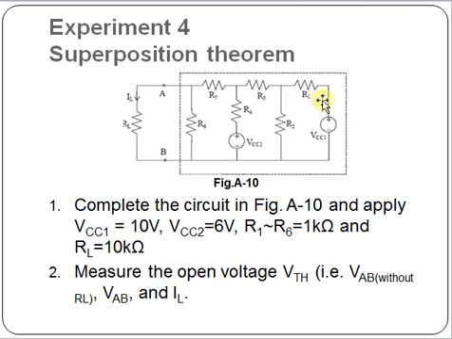Finally, we'll measure with both voltage sources on. We will then add both measurements with one voltage source and check if it equals the measurement with 2 voltage sources. This will verify the superposition theorem.